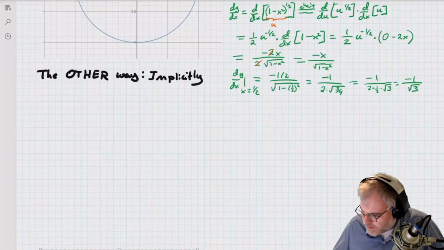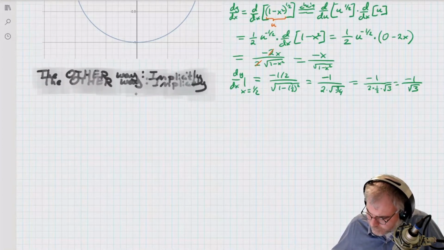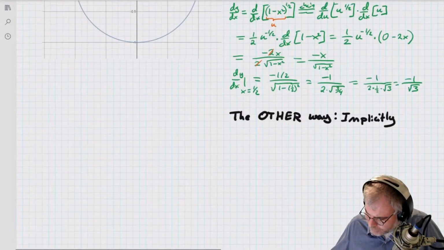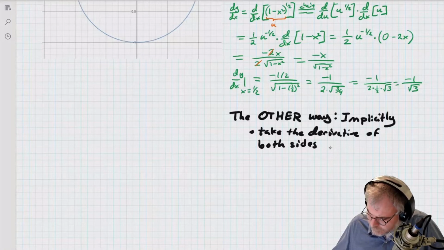So what I'm going to do is I'm going to take the derivative of both sides in terms of x.